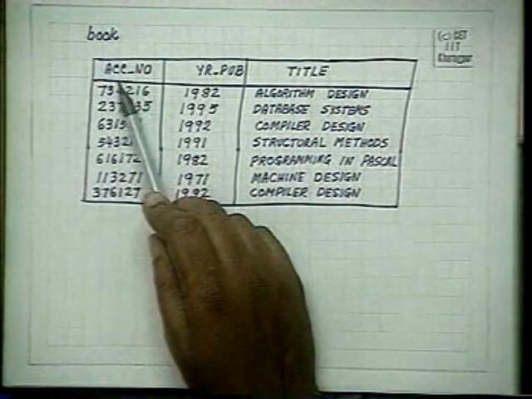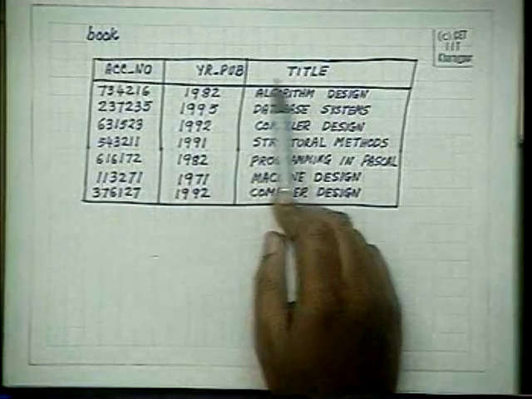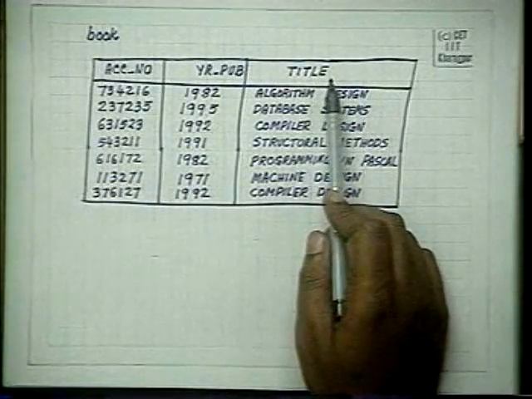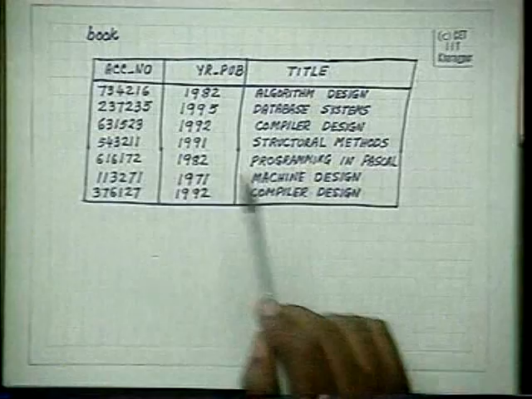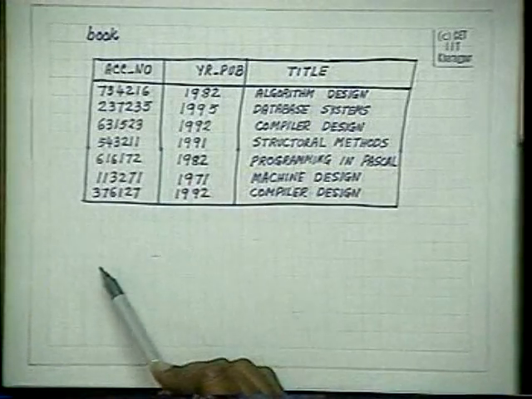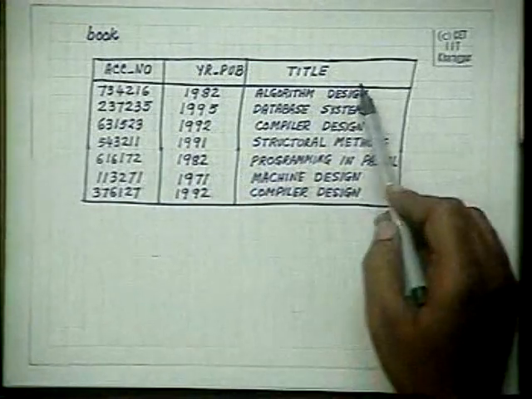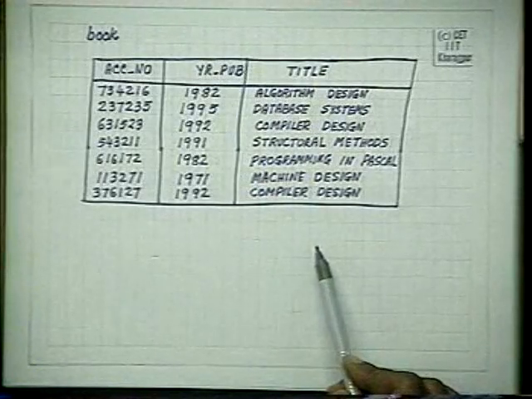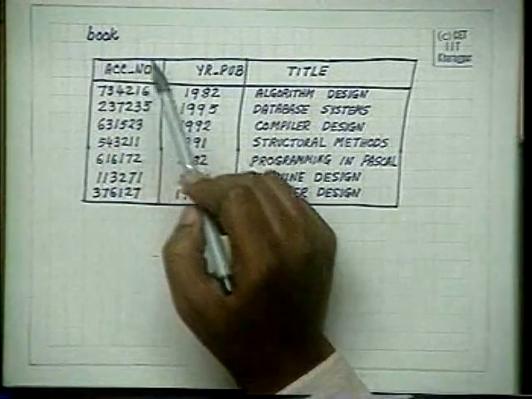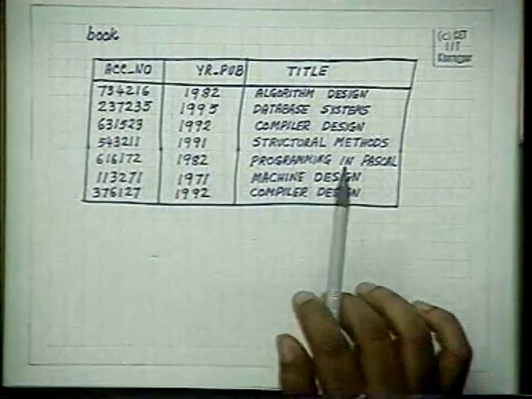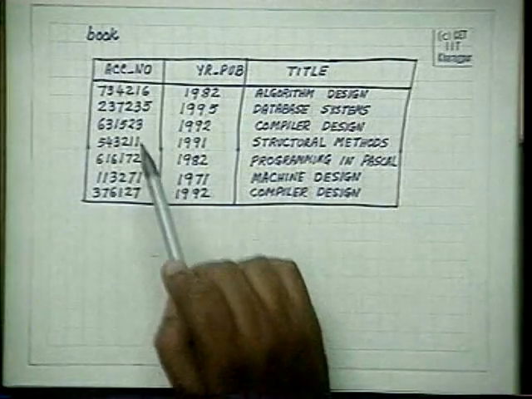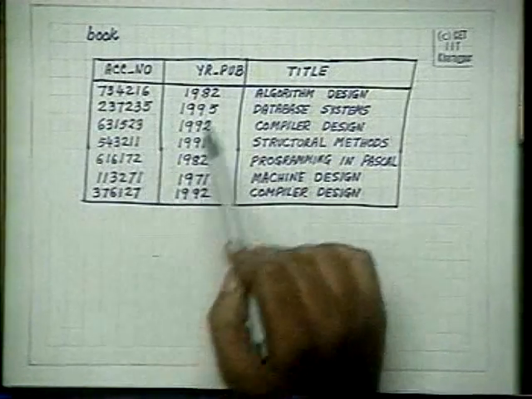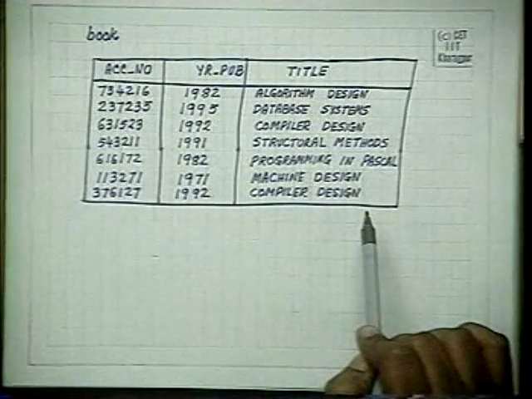Therefore, accession number cross year of publication cross title is the set of all combinations of such integers, such years and such strings. Among them, the book relation is a subset of all those possible combinations, consisting of only the valid books which are there in our library.